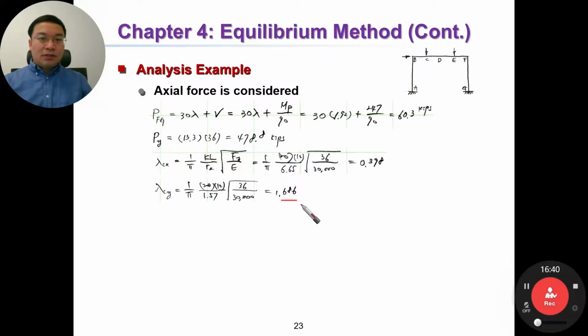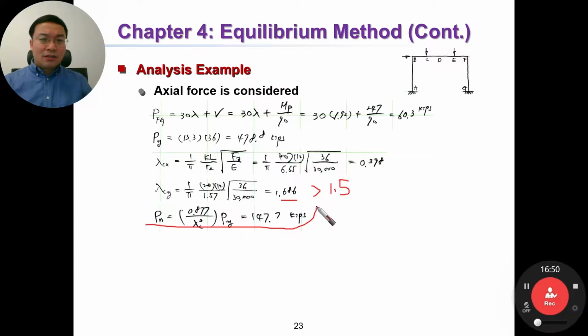Equal to this one, and check, because this one is greater than 1.5, then we may use this one. Okay, equation Pn. I've just explained this equation.